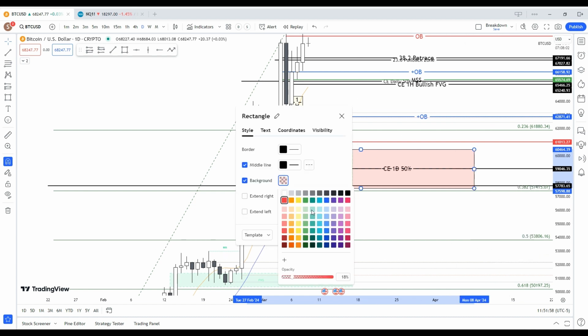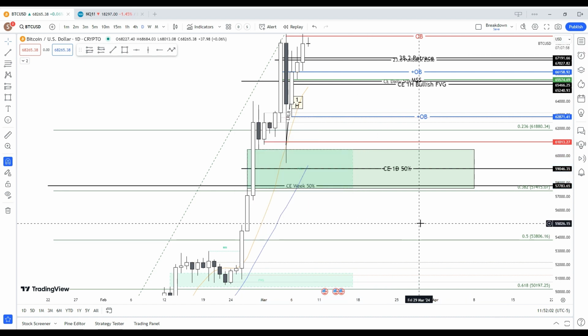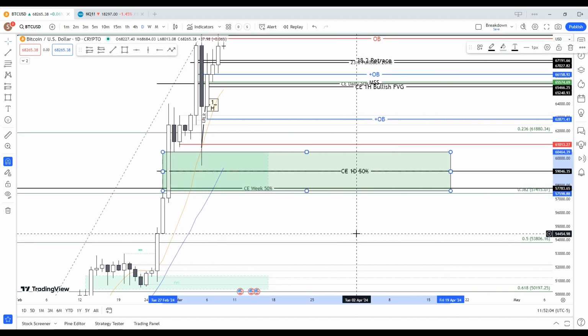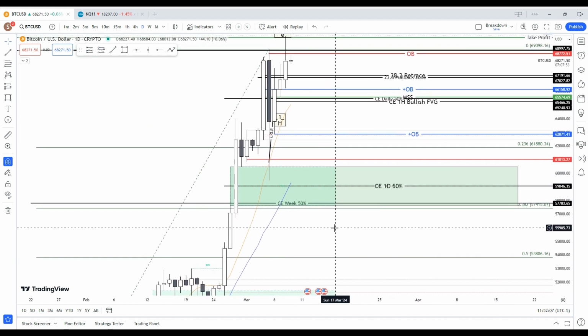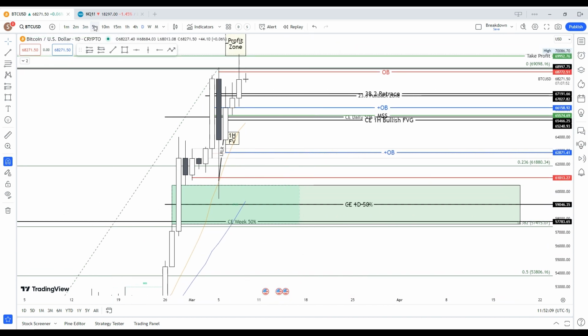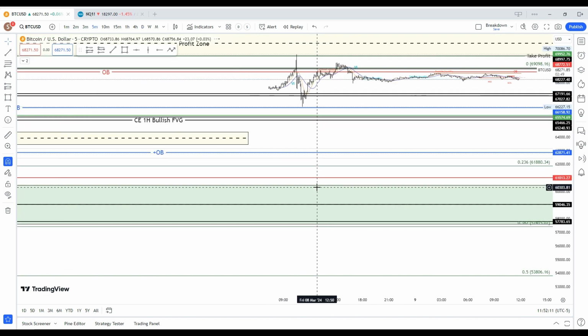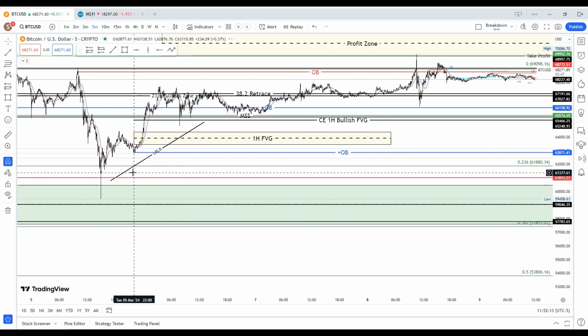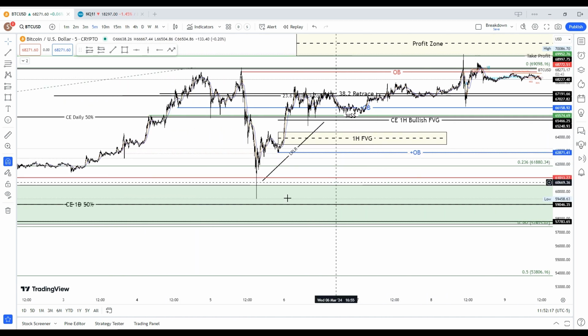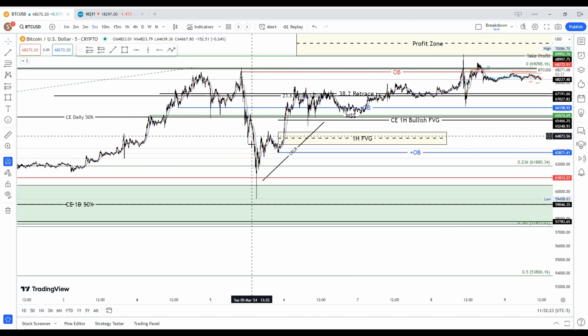Why don't we just leave the box for a visual? Then we still have the CE of this 50%, right? And on a smaller time frame, there's all this low resistance liquidity here. We have great support down here. As you can see, we just wicked right through it and went right back up.